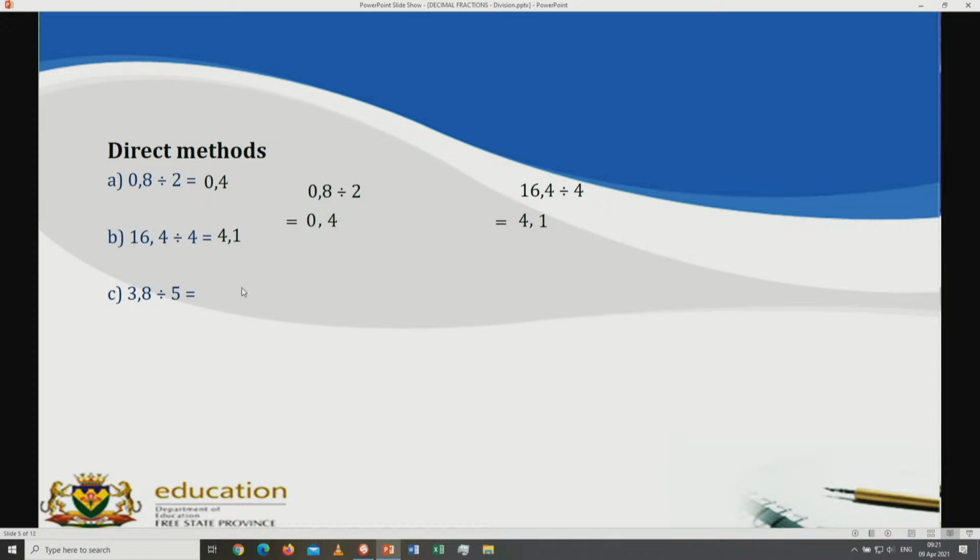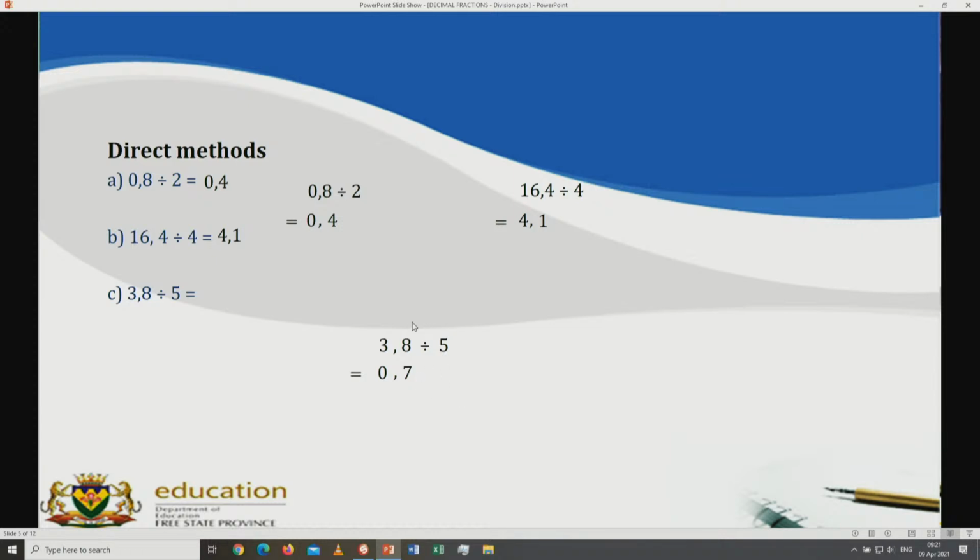As you can see, you are still getting the same answers as in previous slides, but with different methods. The last one, let us see now. Directly, 5 into 3 goes how many times? It does not, so we say 0, outright. And then we say 38 tenths divided by 5. It's how much? 7 tenths.